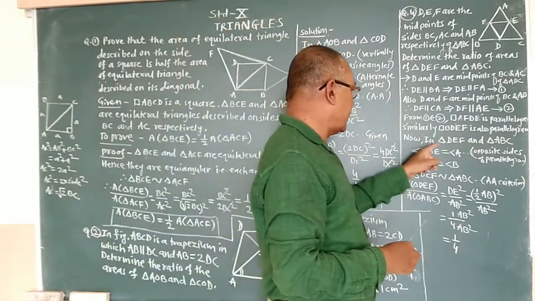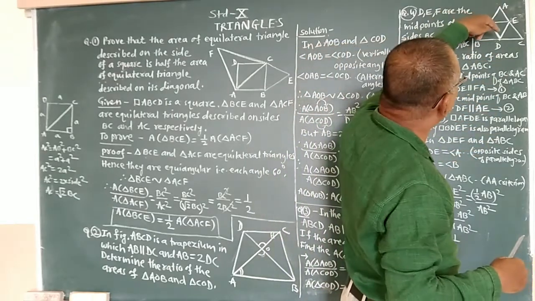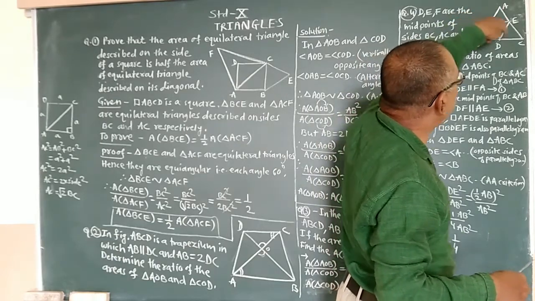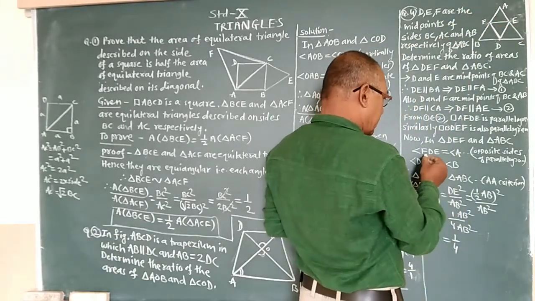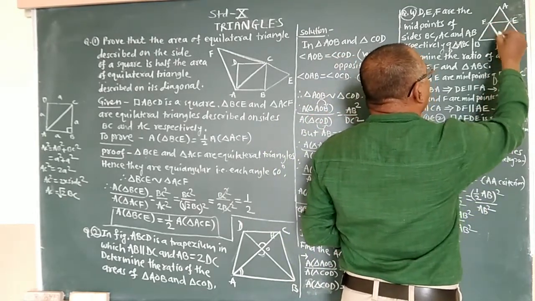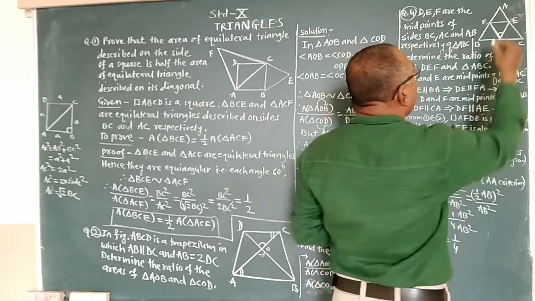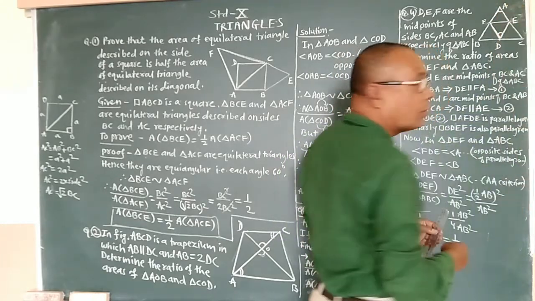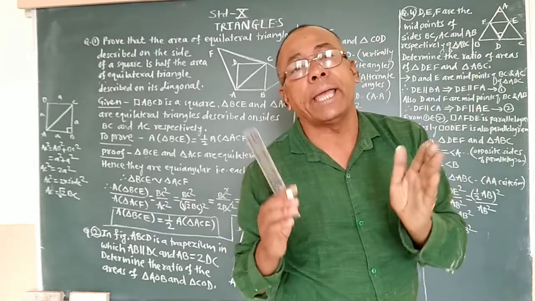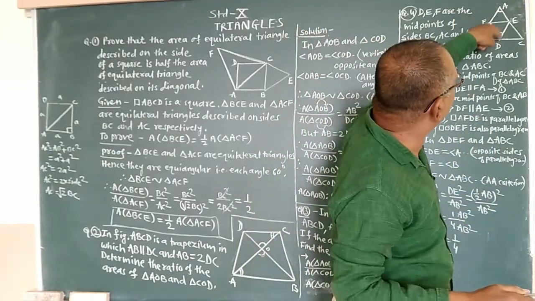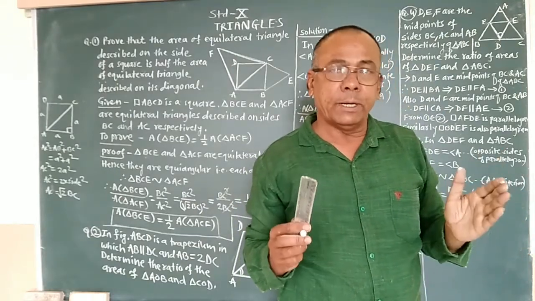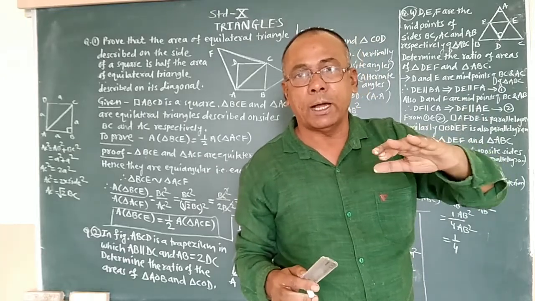Now, in triangle DEF and triangle ABC, angle FDE equals angle A, because these two angles are the opposite angles of parallelogram AFDE, and we know the property that opposite angles of a parallelogram are equal.